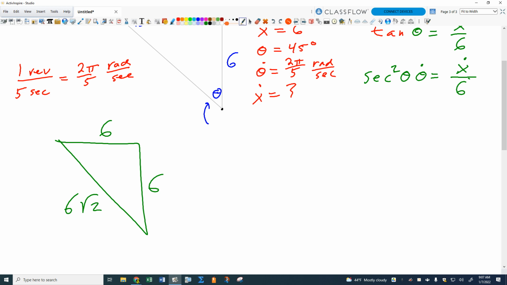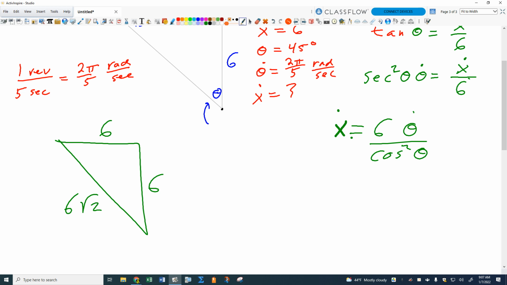Okay, so we got x dot equals 6 secant squared. I'm going to write this as 6 theta dot over cosine squared theta. I always think in terms of cosine anyway.